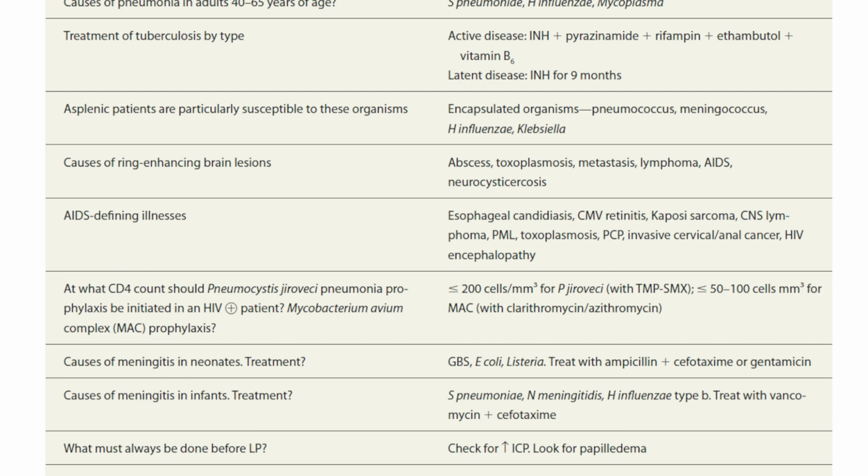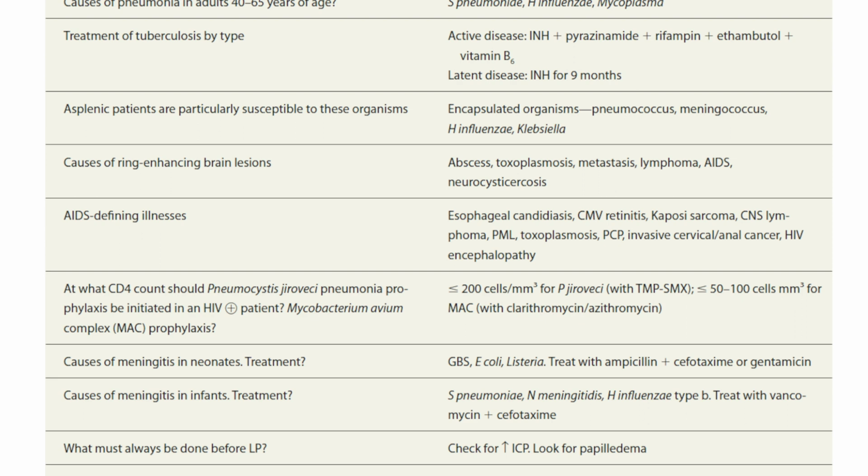AIDS-defining illnesses are PML, toxoplasmosis, PCP, invasive cervical and anal cancer, HIV encephalopathy, cytomegalovirus retinitis, Kaposi sarcoma, central nervous system lymphoma, and esophageal candidiasis.